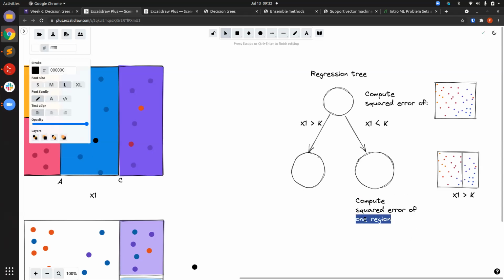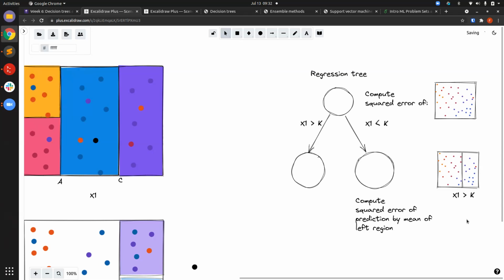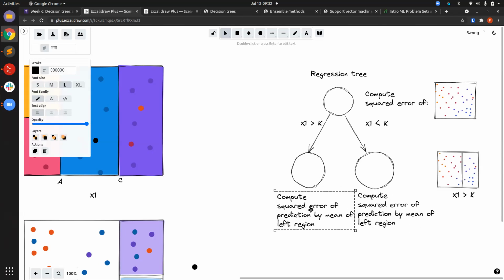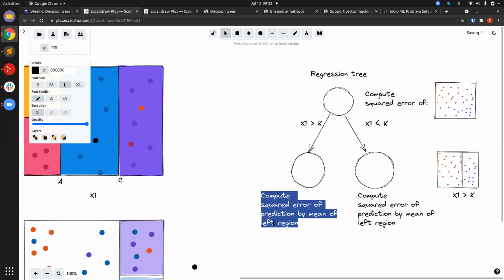I'm going to compute the squared error of prediction by the mean of the left region. If I split on k, then for any sample that falls in here, I'm going to predict the mean of this entire region. For any samples that fall on the other side, I'm going to predict whatever the mean is of the right region.